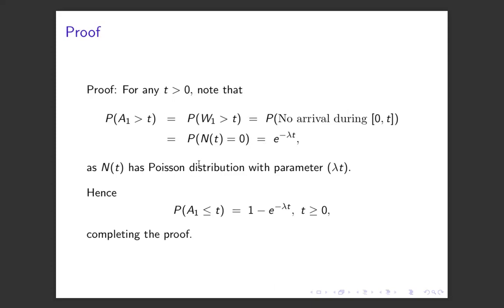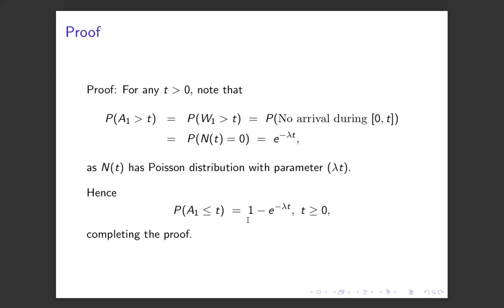So this statement means the probability that A1 is less than or equal to t is 1 minus this. And as you know, this is the distribution function of the exponential distribution with parameter lambda.